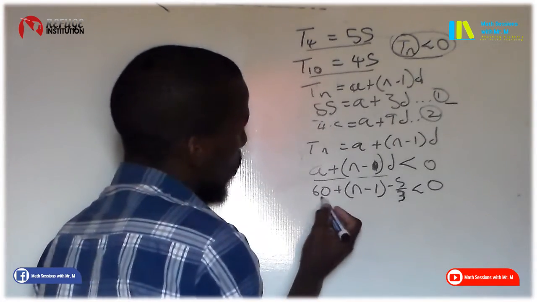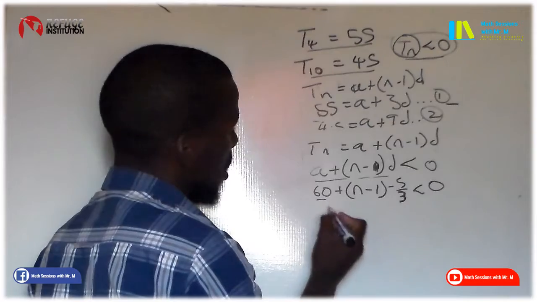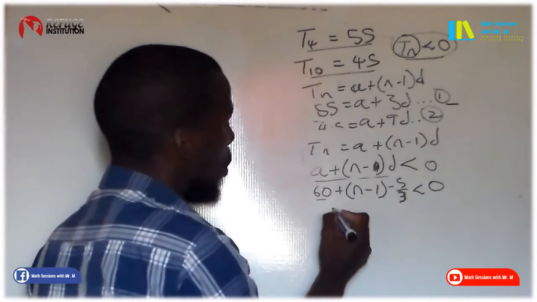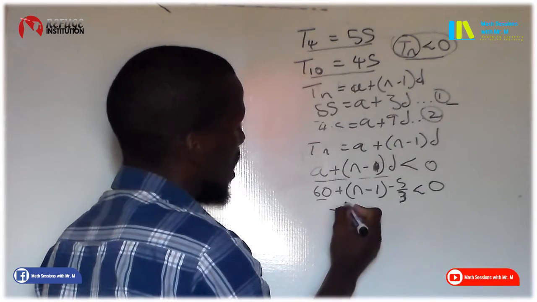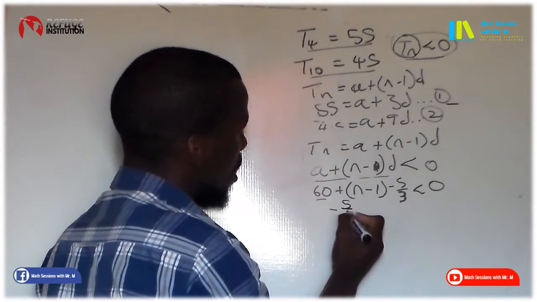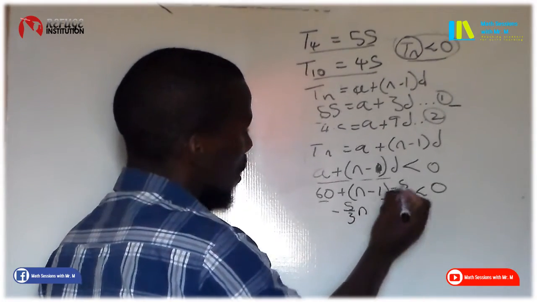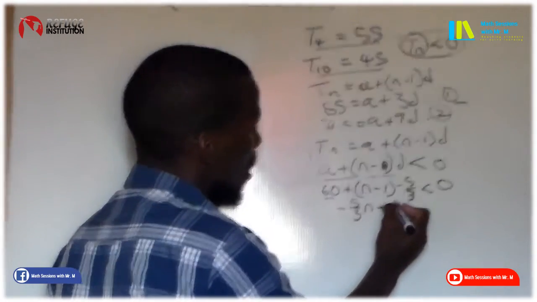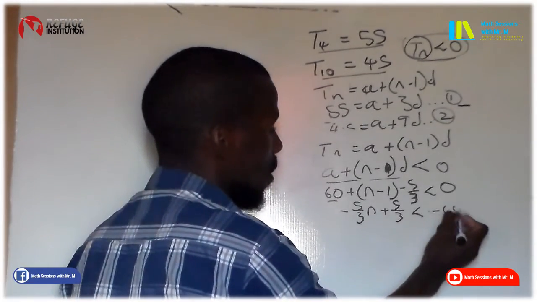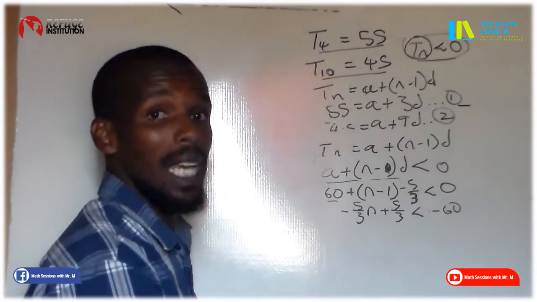Now we take this 60 to the other side of the equal sign and multiply throughout, so on the left hand side we have negative 5 over 3 n plus 5 over 3, less than negative 60. So we are now calculating n.